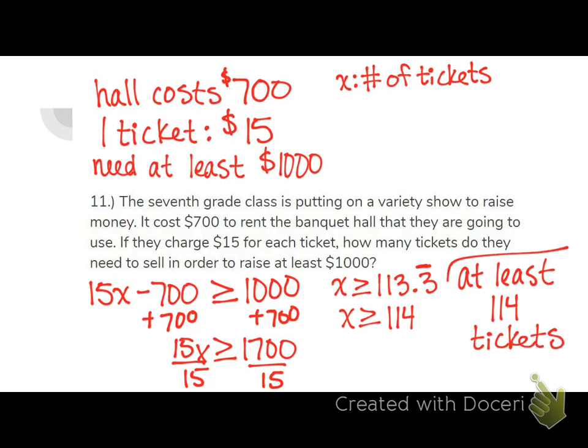So we need to sell at least 114 tickets. Questions about number 11? Concerns, confusion, warm, fuzzy feelings? We got all the important information, our setup, and solving all written down? Okay.